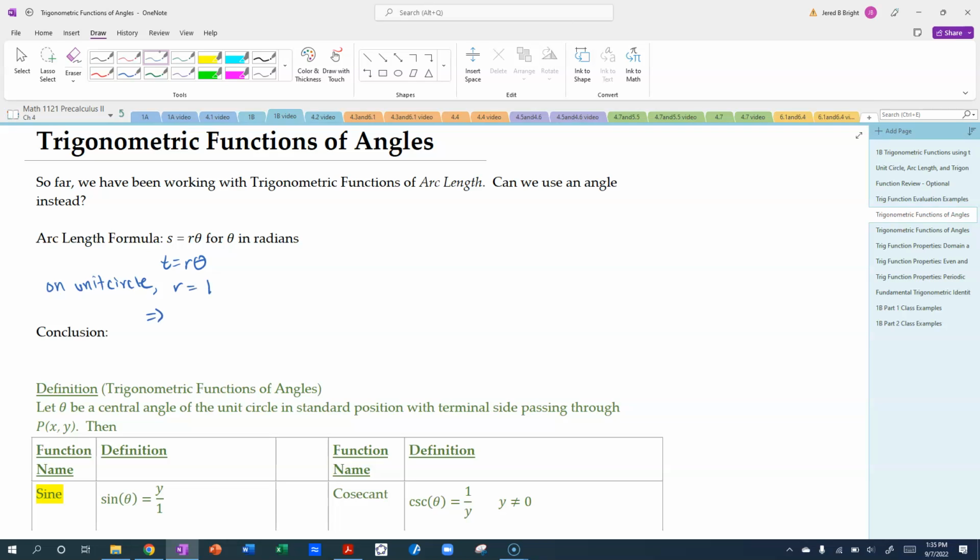So then we get T is equal to 1 times theta, meaning that T is equal to theta on the unit circle. Okay, so now just to be clear, what does this mean? T is arc length, and theta is our central angle.